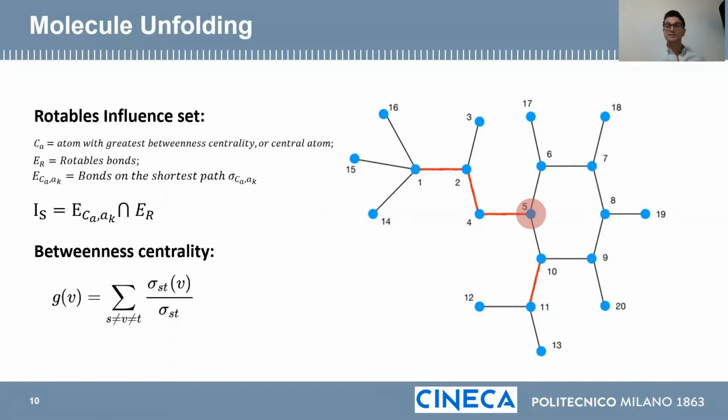And this is done thanks to something called the rotatable's influence set. Basically, what we are doing is intersecting the set of the bonds composing a certain shortest path with the set of the rotatable bonds. And the atoms that have the same influence set will be rotated by the same composition of rotation matrices.